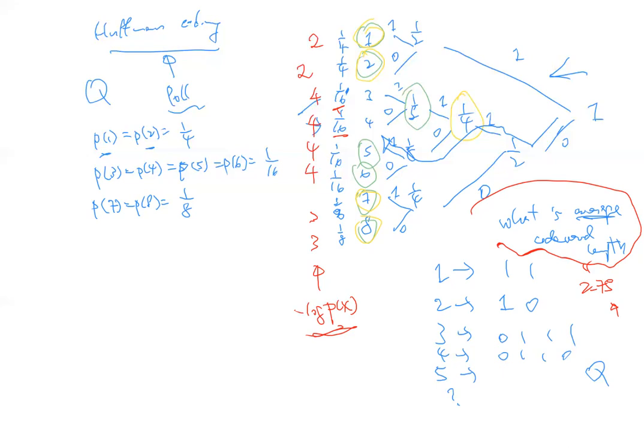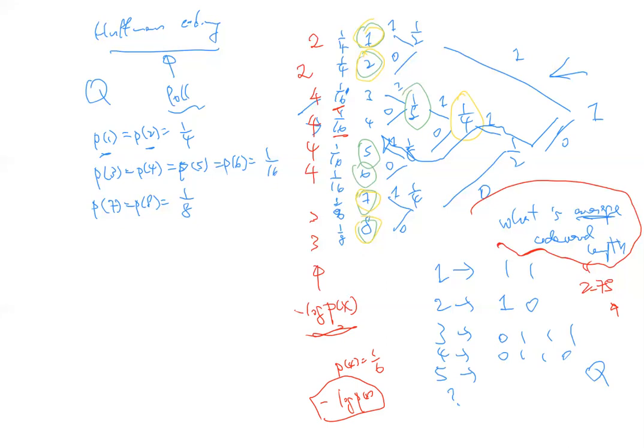For example, if px is equal to 1/6, then log px will give you something like 2 point something, but you will need 3 bits to store that. So if you assign that using Huffman coding, you will end up using 3 bits, which is less efficient than the theoretical value. If you could assign a fractional number of bits, you could compress more.